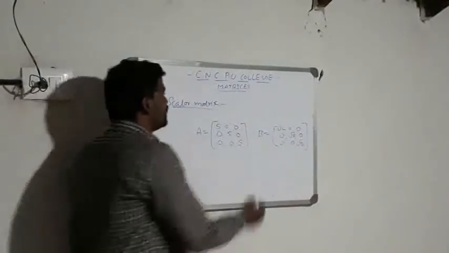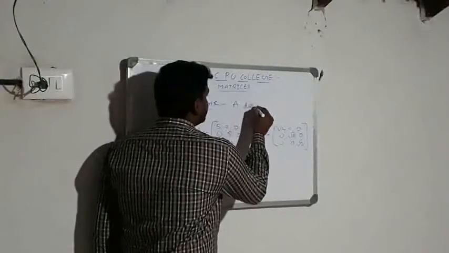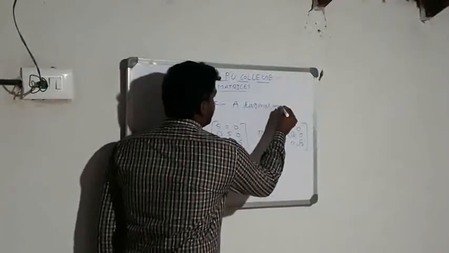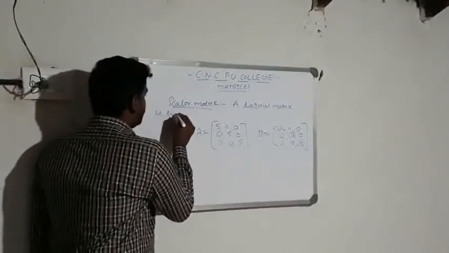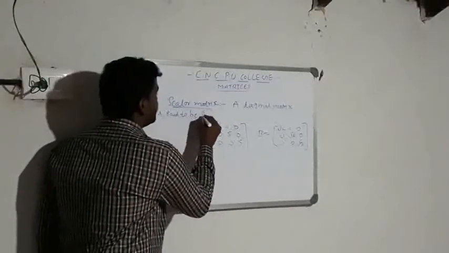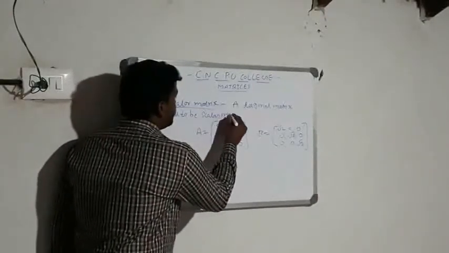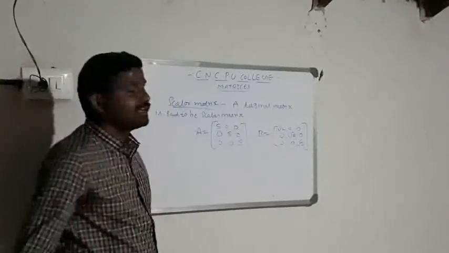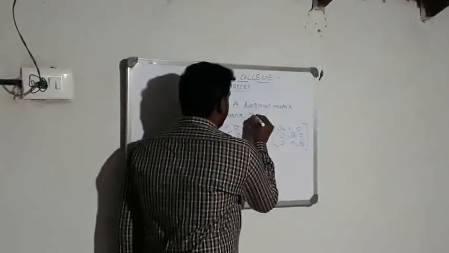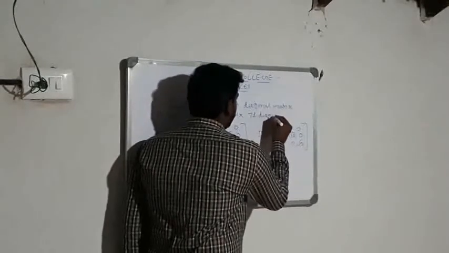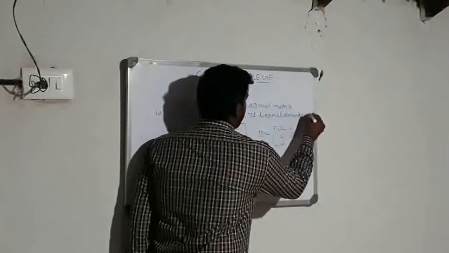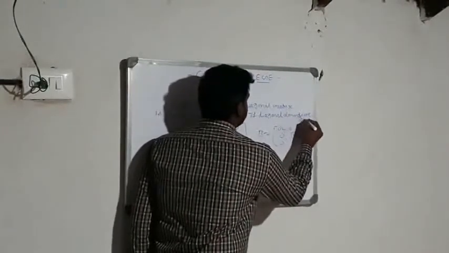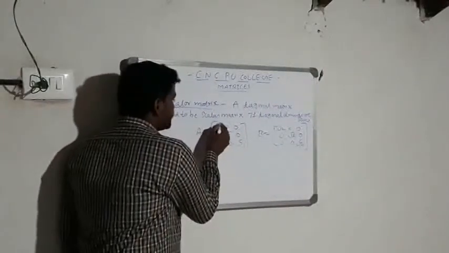This is a scalar matrix. A diagonal matrix is said to be a scalar matrix if diagonal elements are the same. Here the diagonal elements are the same: 5, 5, 5.